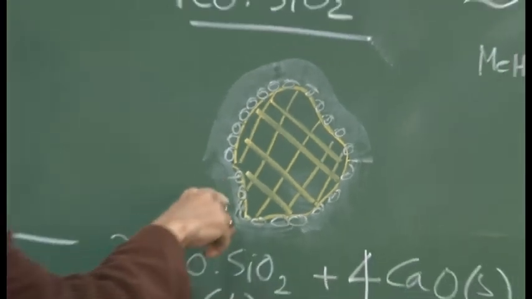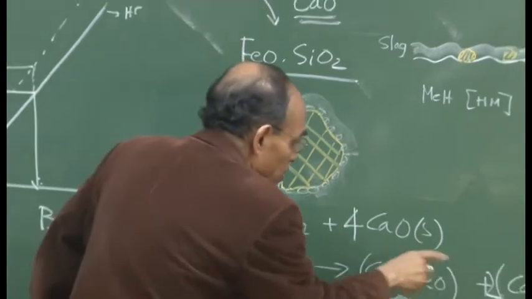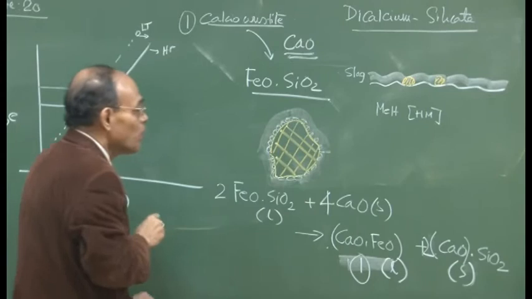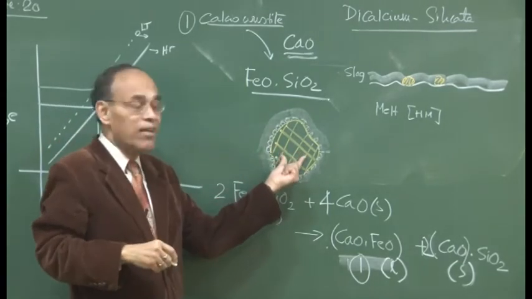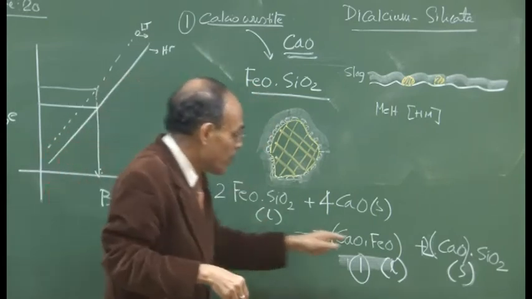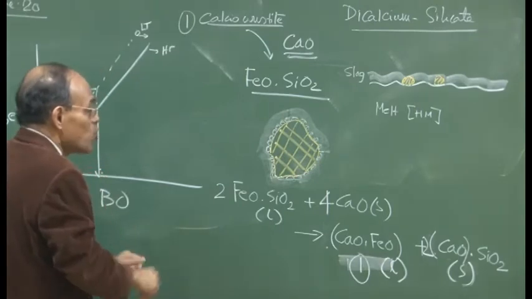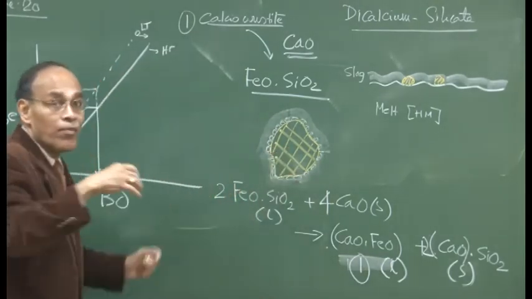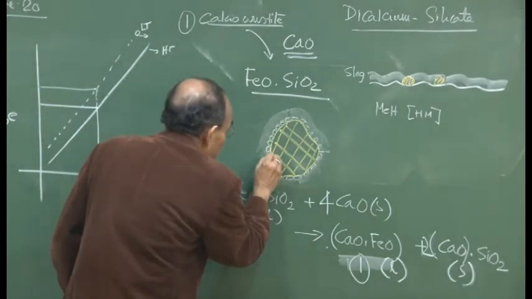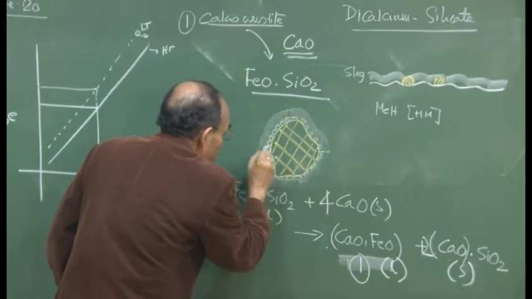Because of this reaction, further lime dissolution is not going to be possible. So much lime is there, and this lime is now completely surrounded by another solid, which we call dicalcium silicate. These precipitates are surrounded by the liquid calcium oustite, which forms the product.